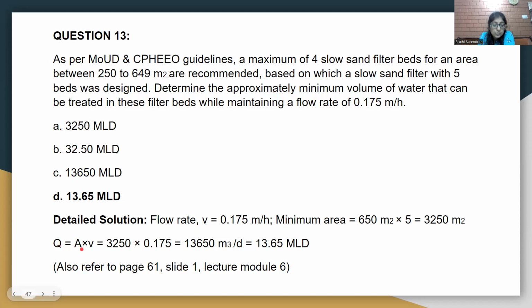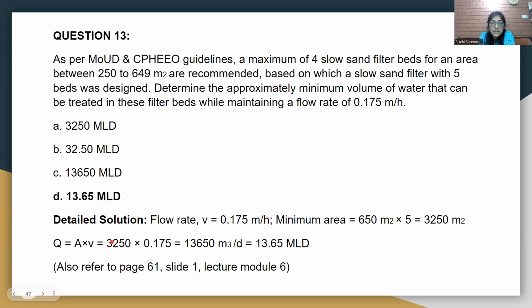It is area into what is the minimum volume of water that can be treated in these filter beds. So we have the flow rate, area divided by the detention time is going to give area into the velocity, which is going to give us the flow rate. Since we have the velocity over here, the flow rate is given in terms of meters per hour. So this is correct.